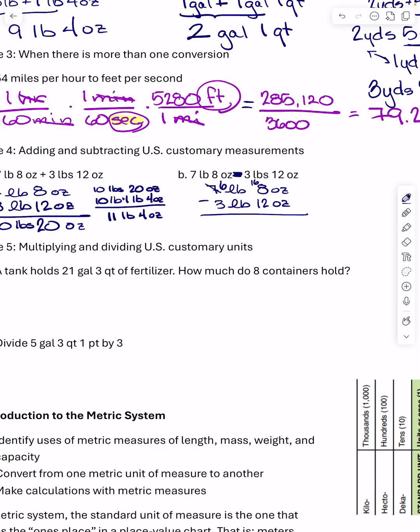So this becomes 6 pounds, 24 ounces. I'm still subtracting the 12. I've got 24 minus 12 ounces. That leaves me 12 ounces. And then I go to the pounds. 6 pounds minus 3 pounds. 3 pounds, 12 ounces.